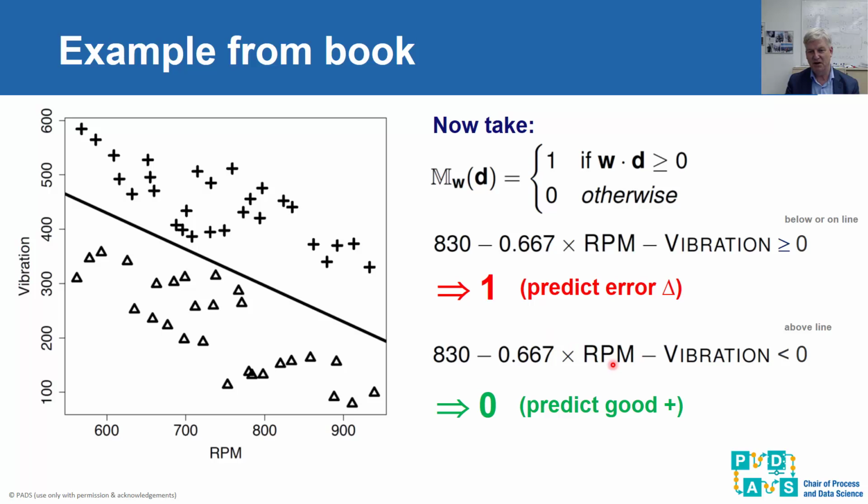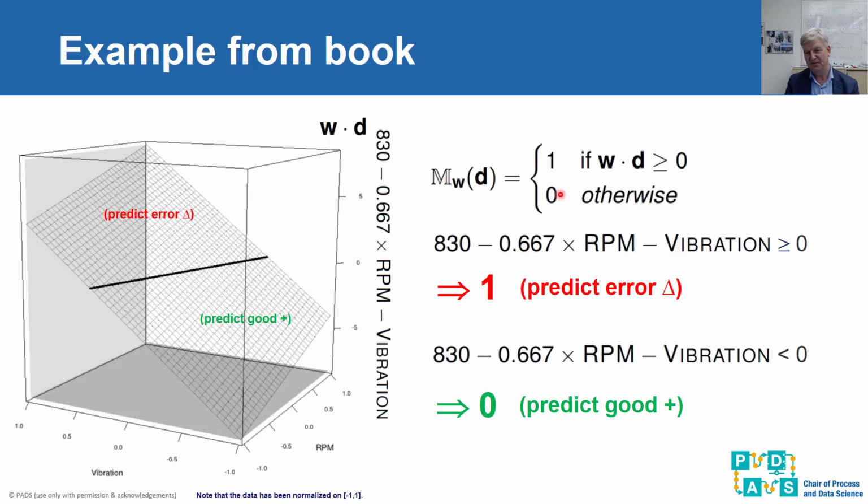If we are above the line, we predict class plus, and class plus is encoded with a 0. So now for every instance that we see here, we have both the real value, being 1 or 0 corresponding to error or good, and we have a predicted value also corresponding to 1 and 0, and we can compute the error as before.